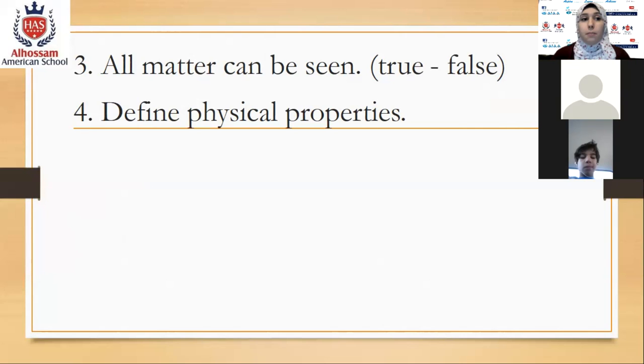Because air, as Muhammad said before, is considered as matter. Right? And can you see air? Can you see it with your eyes? No. So you can't see all the matter, right? So it's false. Thank you so much, Saif.